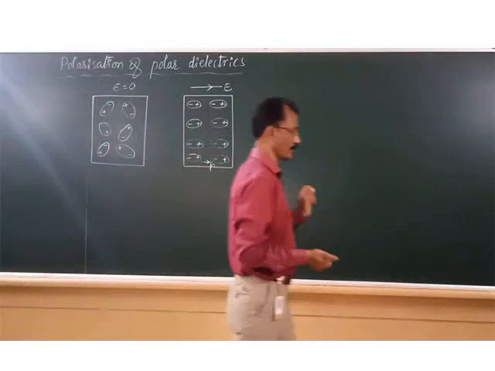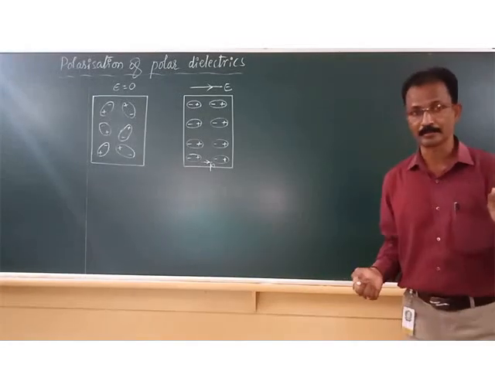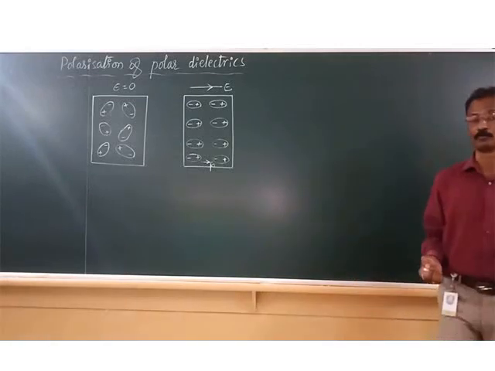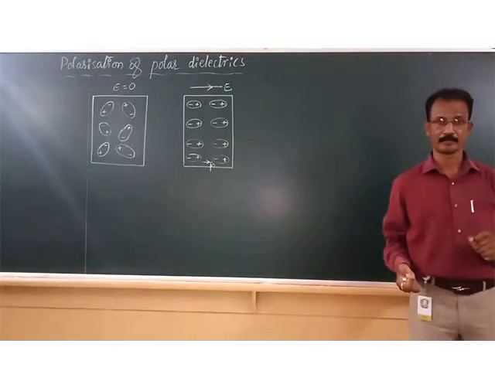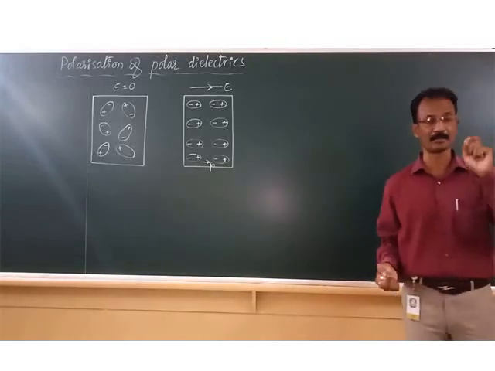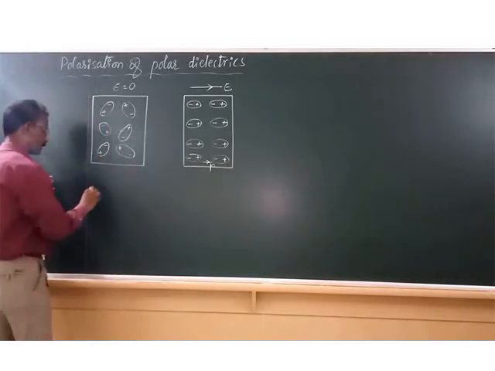The polarization of dielectrics produces a net dipole moment. The net dipole moment per unit volume of the dielectric, when placed in the external electric field, is called the polarization vector.